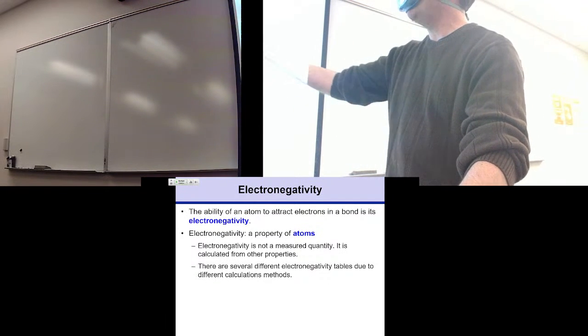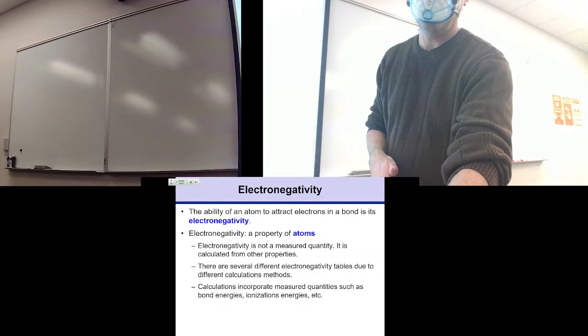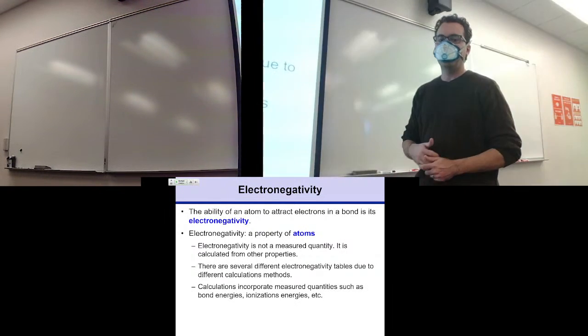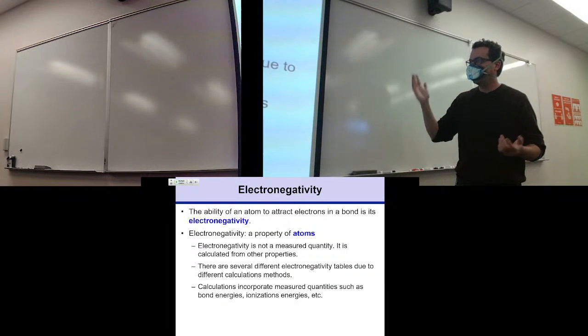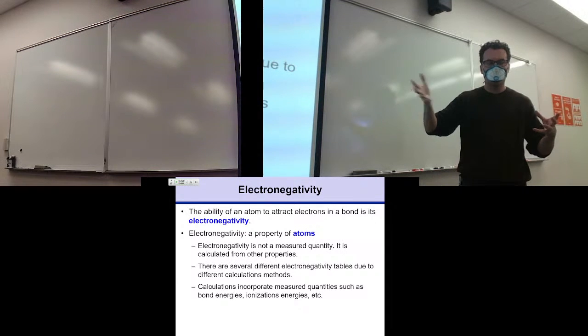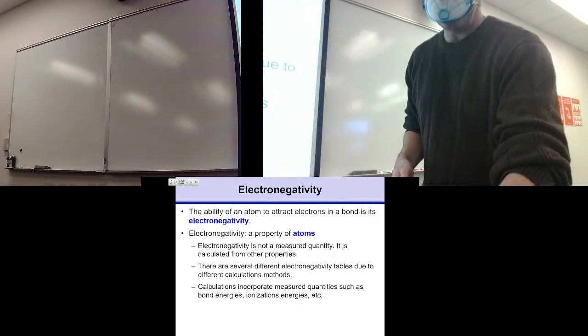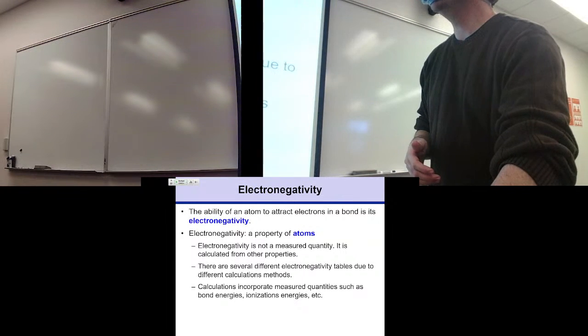And because there are many ways to calculate it, there are many different tables of electronegativities. Some of those other ones use bond energies. We looked at ionization energies, which are how we calculated average valence electron energy, but there are many ways to figure out what an electronegativity might be.